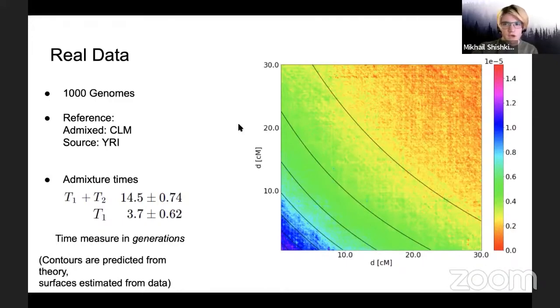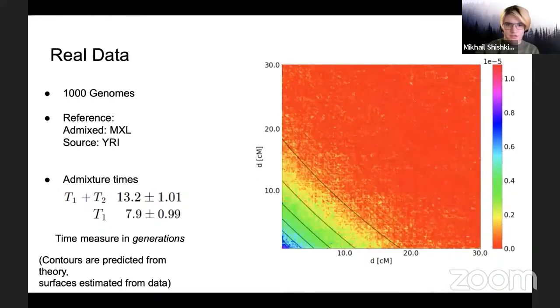So here we have Colombian samples from 1,000 genomes project with Yoruba as reference source population. And here we have estimated admixture times like 4 and 14. And also you can see the difference between these cases.